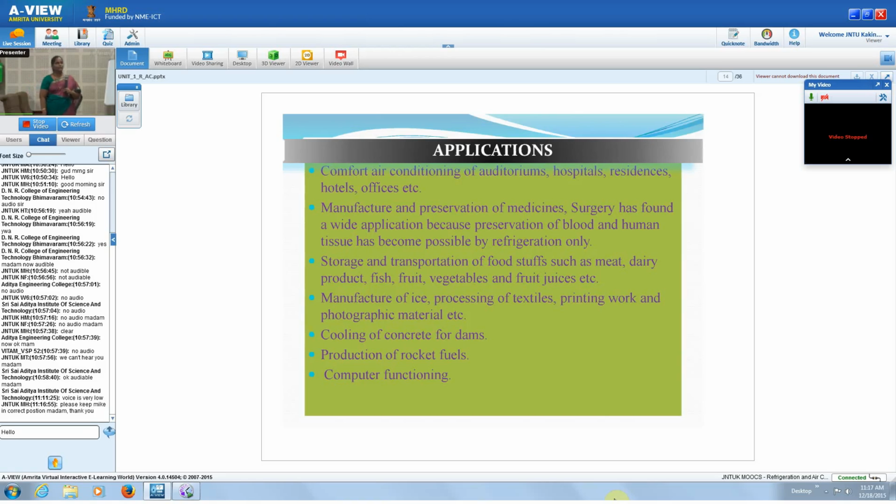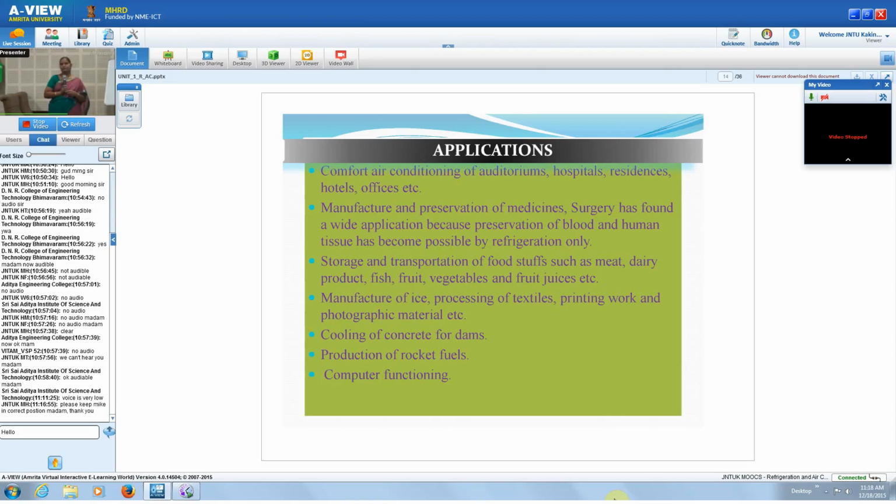Then if you see the applications in detail: comfort air conditioning in auditoriums, hospitals, residences, hotels, offices, classrooms. All this comes under this one. Then manufacture and preservation of medicines, and surgery. Surgery is to be done in a place where everything is comfortable. Then storage and transportation of foodstuff.